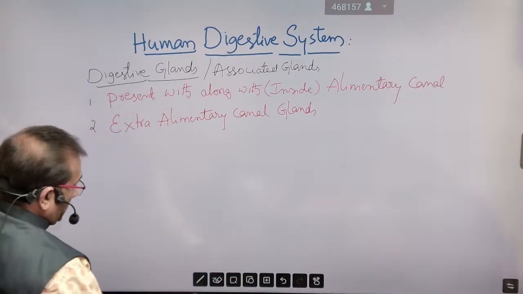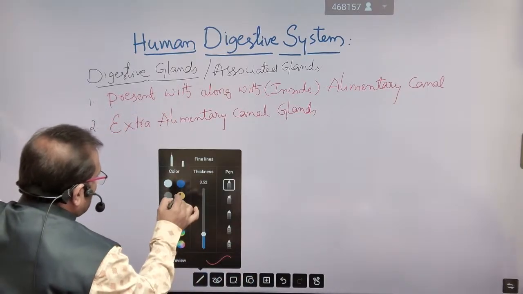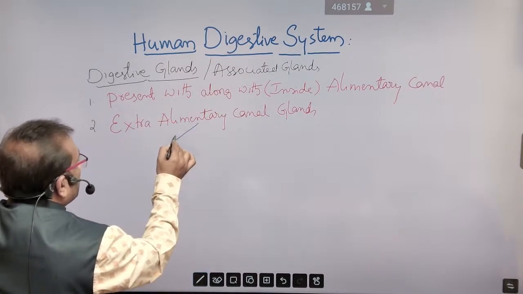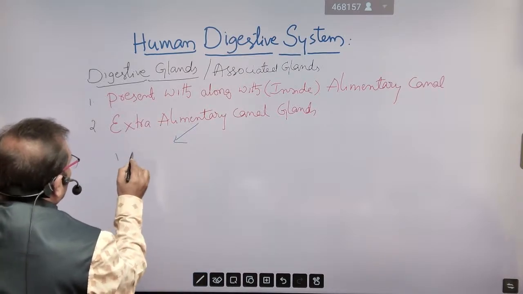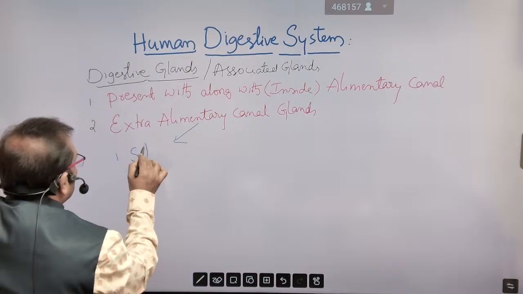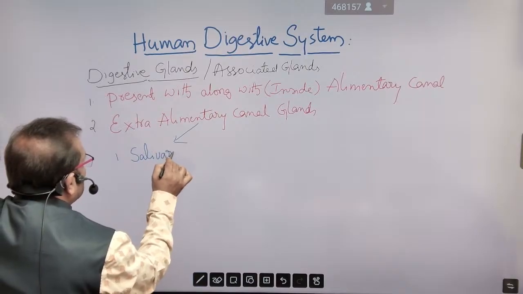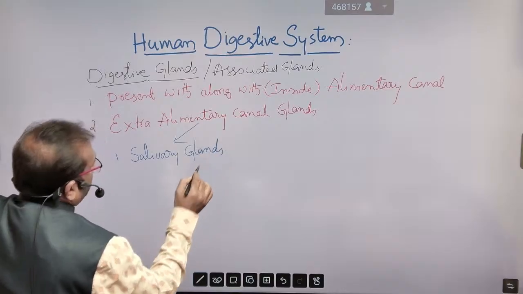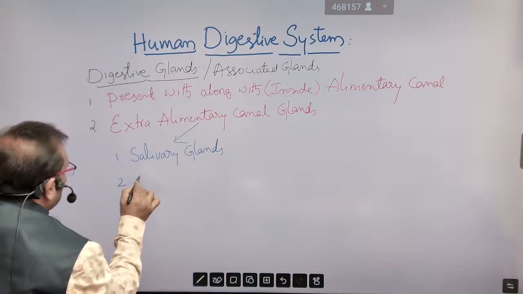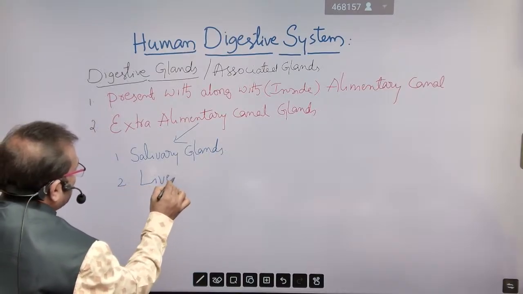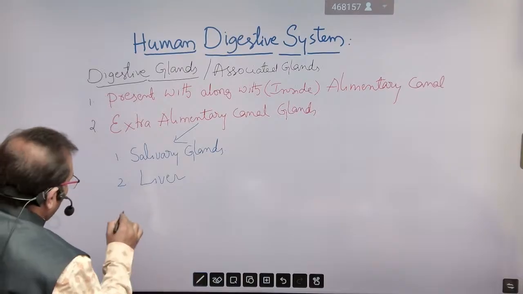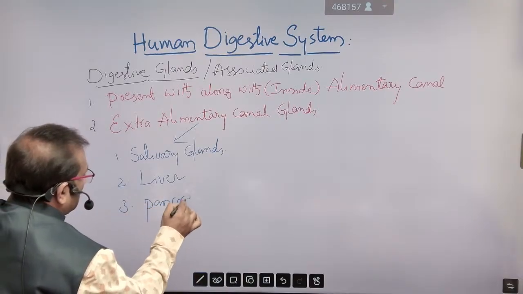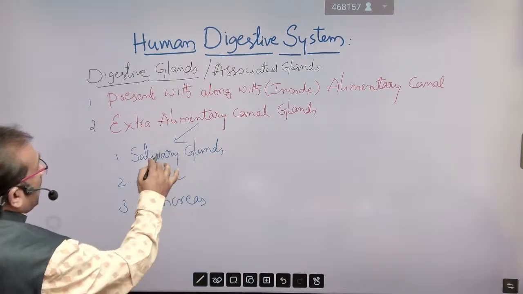Now, the extra alimentary canal glands are, number 1, salivary glands, number 2, liver, and number 3, pancreas. So they are outside the alimentary canal.